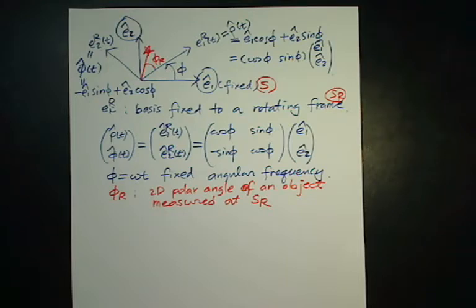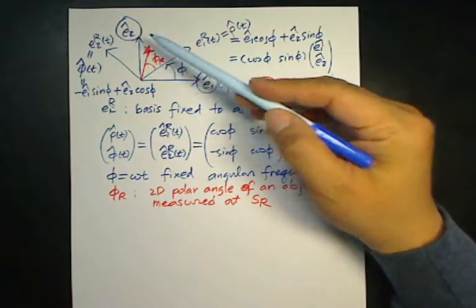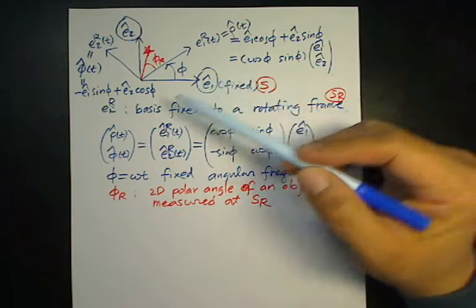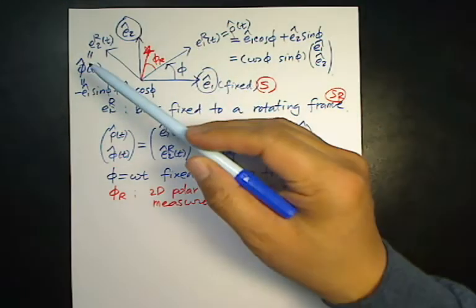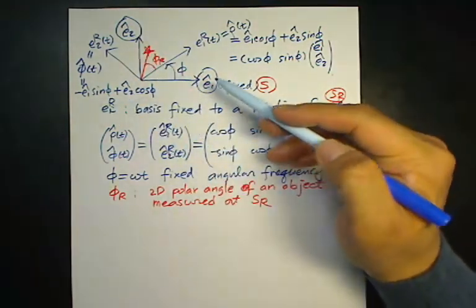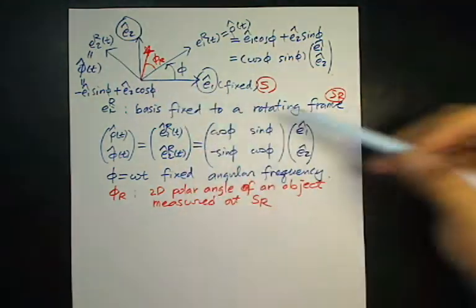In a cylindrical coordinate system, E1 and E2 are fixed coordinates, and E1 rotating and E2 rotating can be chosen as the direction of rho and the direction of phi.